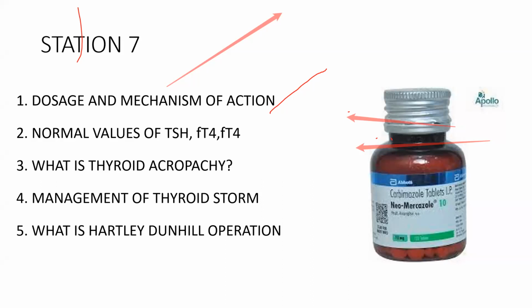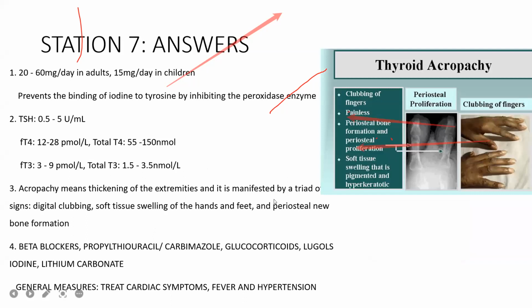Just like here, what is the dosage and mechanism of carbimazole? That is neomercazole. What is the action of neomercazole? You should know the normal dosage, that is 20 to 60 milligram per day, and in children it is a lower dose, that is 15 milligram.